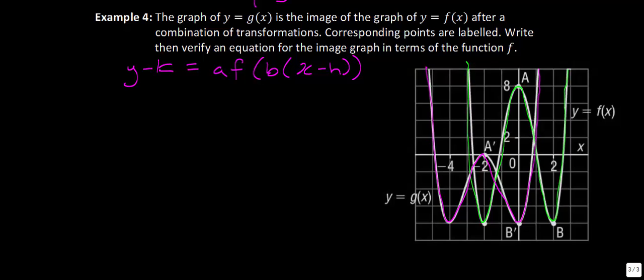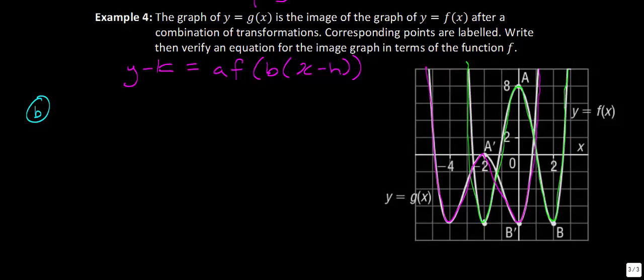Okay, so let's first start right here with b. Let's figure out if we have anything going on in terms of a horizontal stretch or compression. Well, what I notice is if we take b, the original graph b, and we see how b prime has changed, you'll notice that the difference between that point and this point is 2 units. And then if you compare this point, which would have its corresponding point right here, it also has a difference of 2.